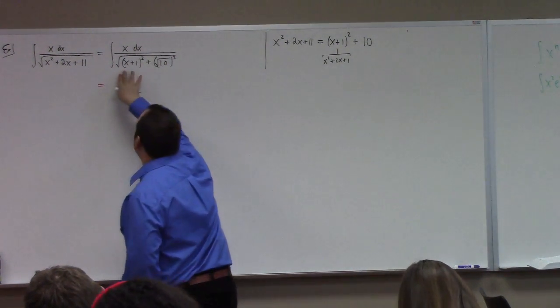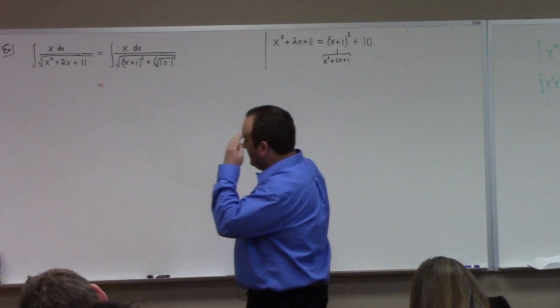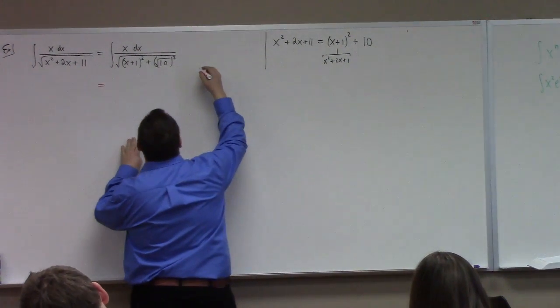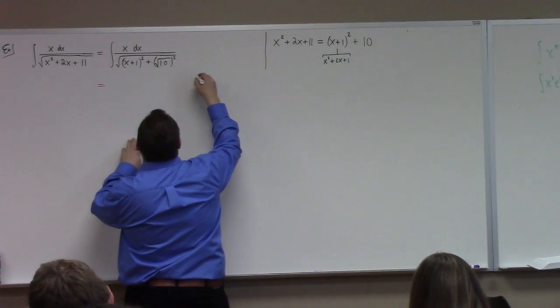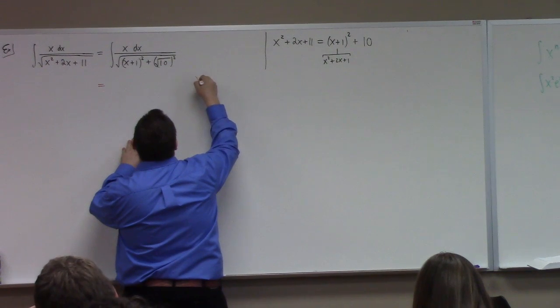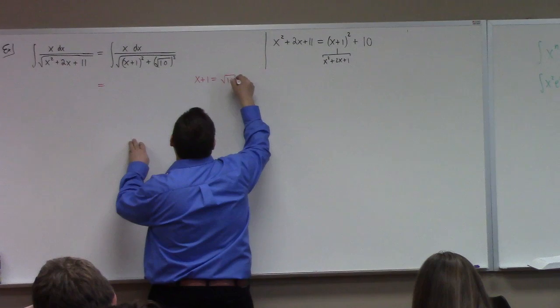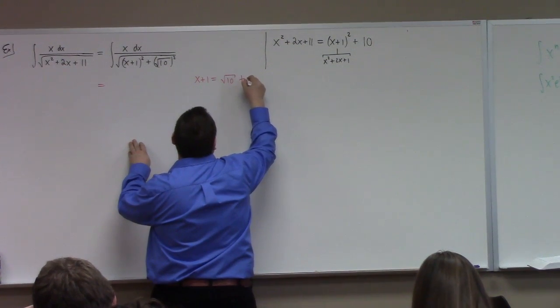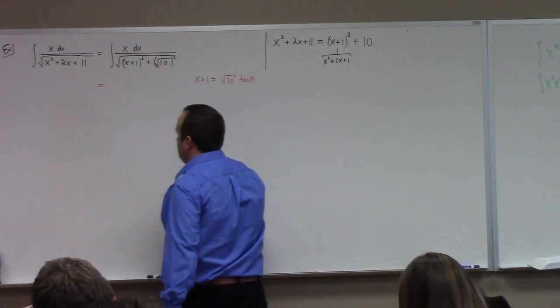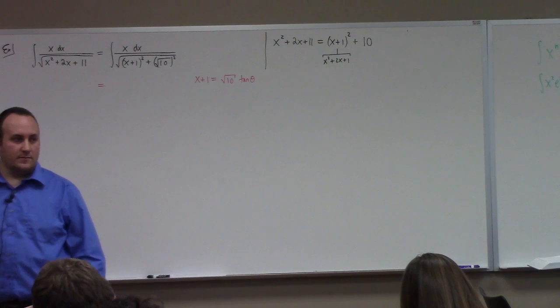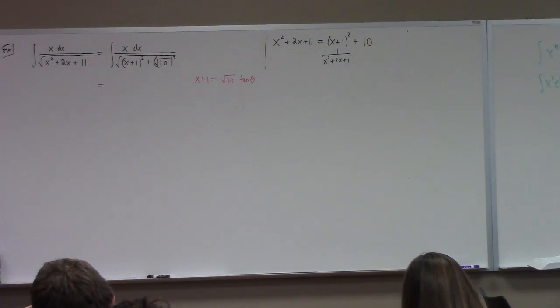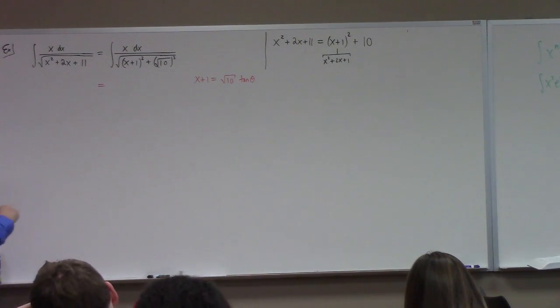So, there's different ways to go here, but the greediest way to do it, I'll be greedy, would be to say, okay, I'm going to say x plus 1 is equal to the square root of 10 times tangent theta. Actually, I'll take a vote. How many of you want me to do this?